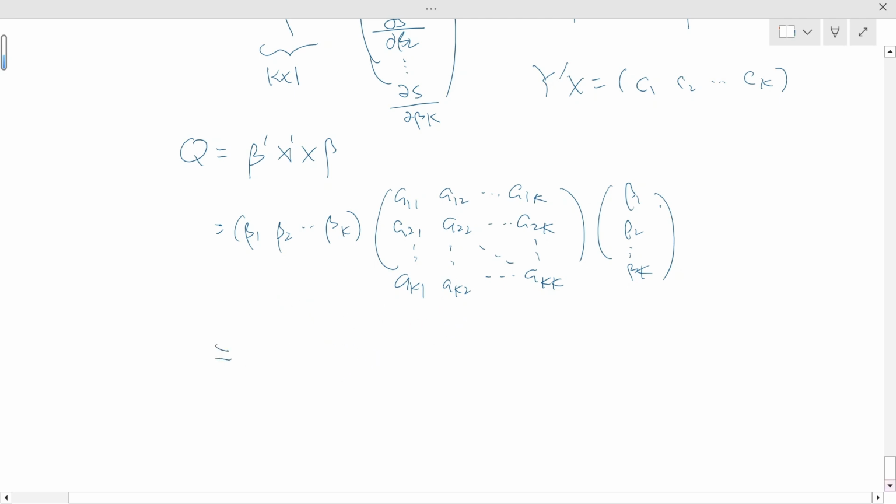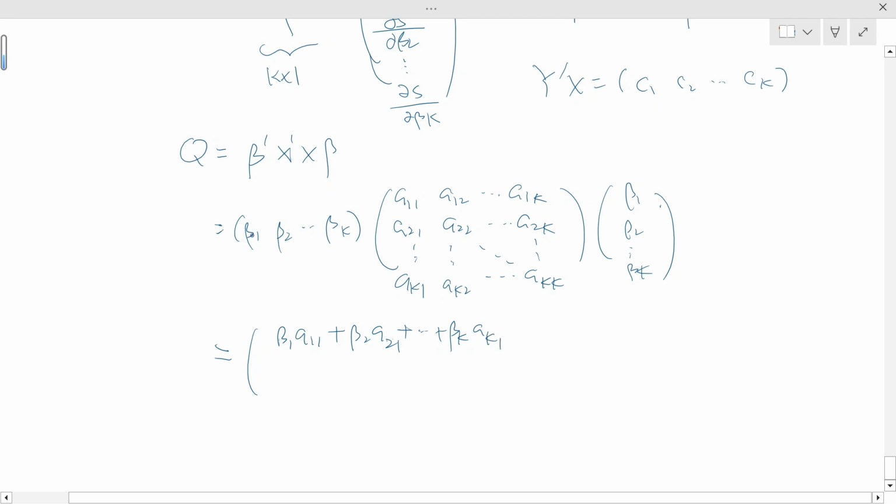So let's multiply these three matrices. This row times the first element will be this row times this column. So it's beta 1 A11 plus beta 2 A21 plus beta k AK1.